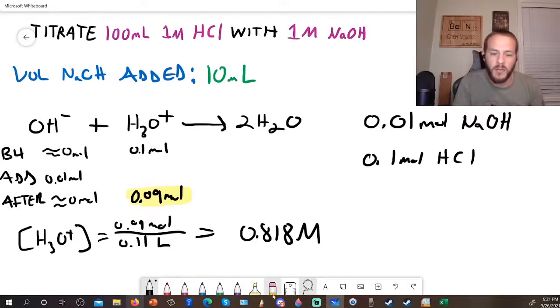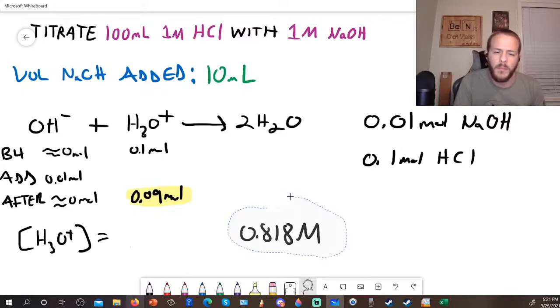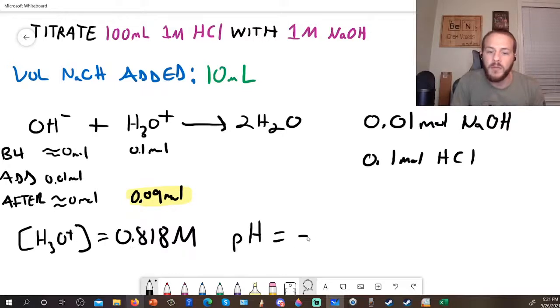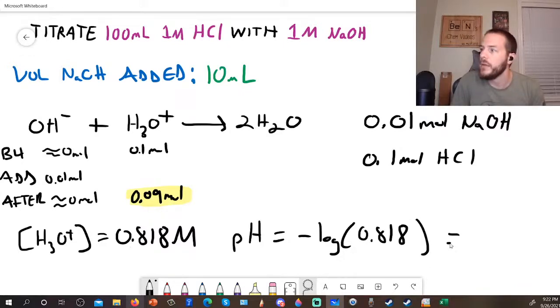So that's what our concentration of hydronium ion is. It is 0.818 molar. And now simply in order to calculate the pH of this thing, all we need to do is to take the negative logarithm of that hydronium ion concentration, in this case the negative logarithm of 0.818 molar. And what does that end up being?